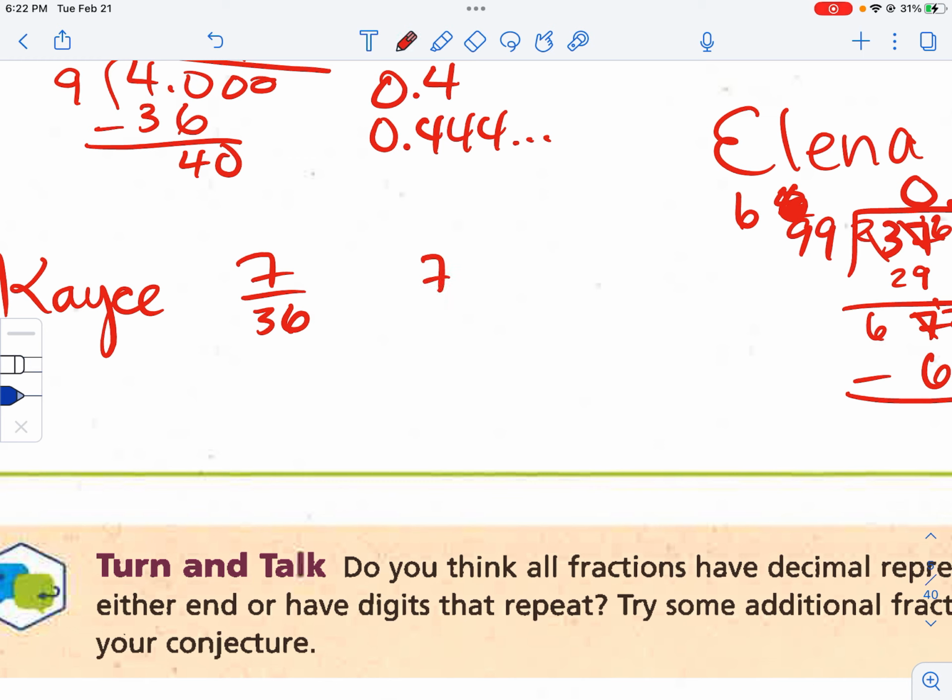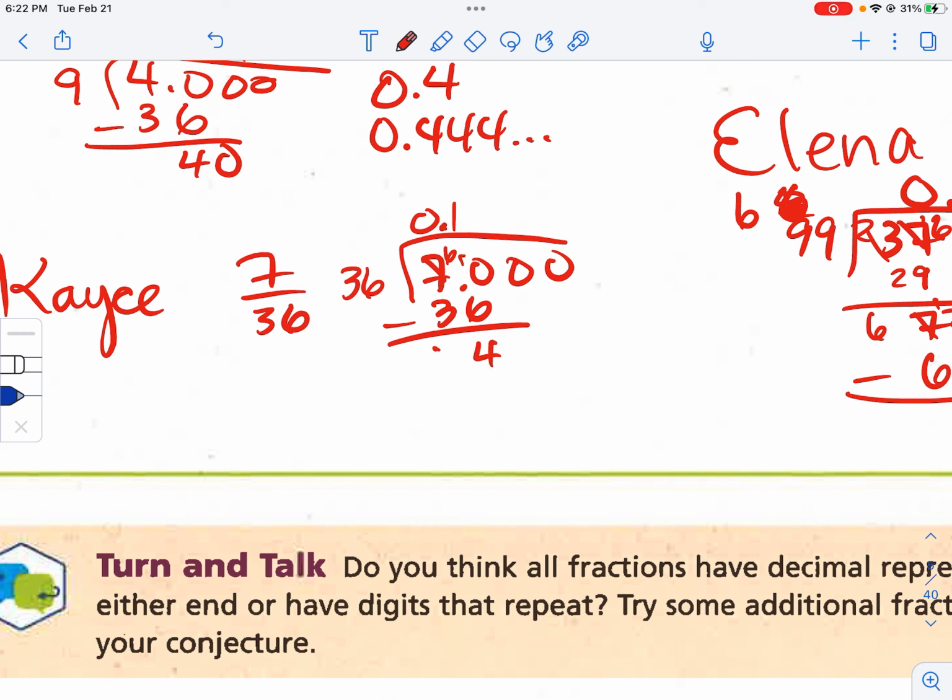So 7 divided by 36. I guess that goes in more times. So 36. I borrow here. 6, that would be 4, that's 34. So that's going to be 9 times. So that's 54. 27 plus 5, that's 32.